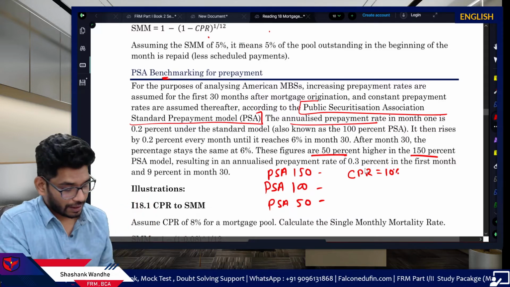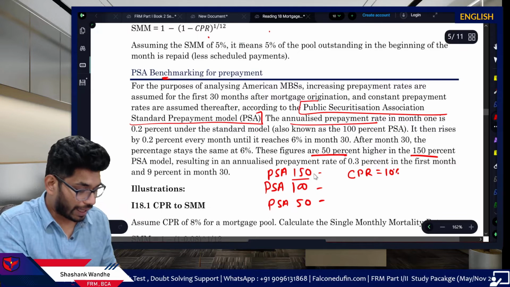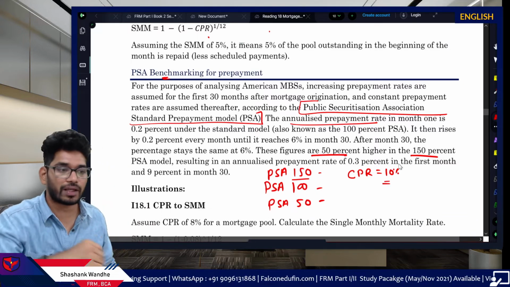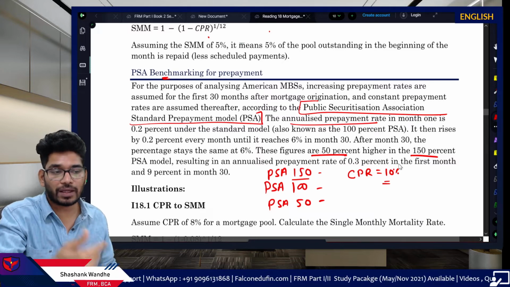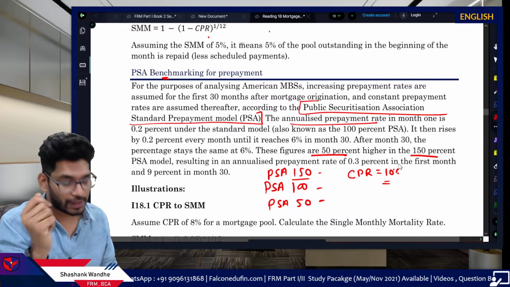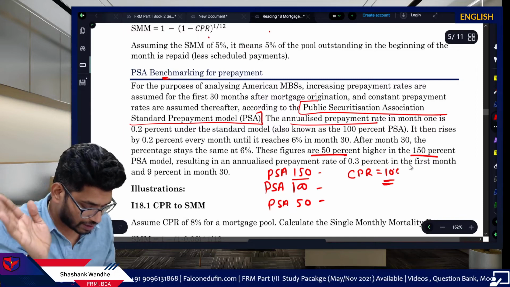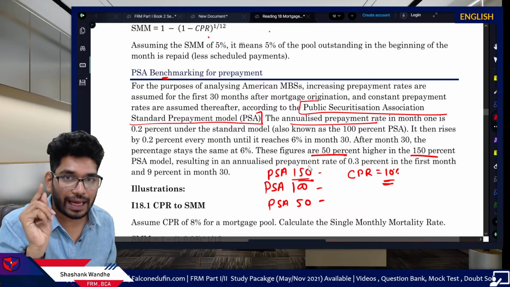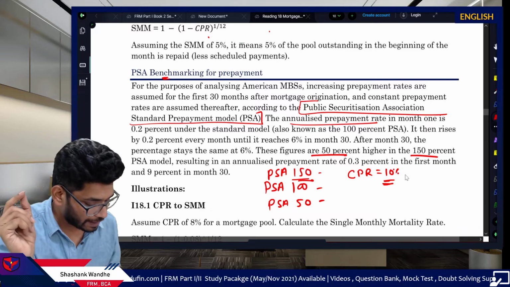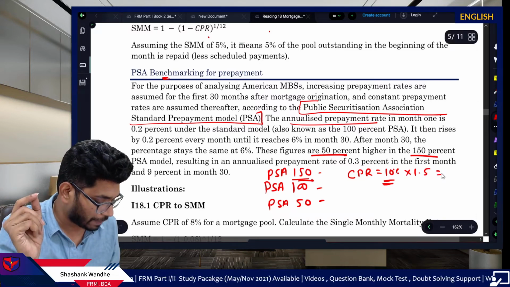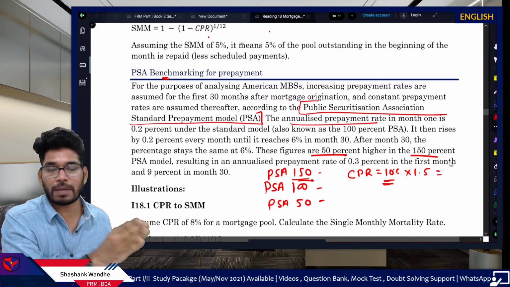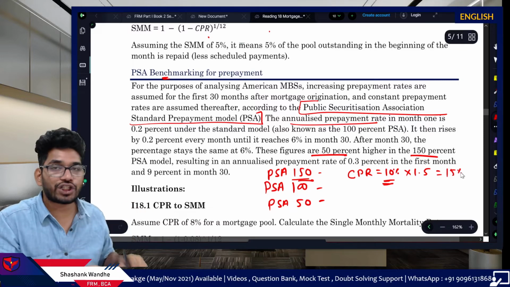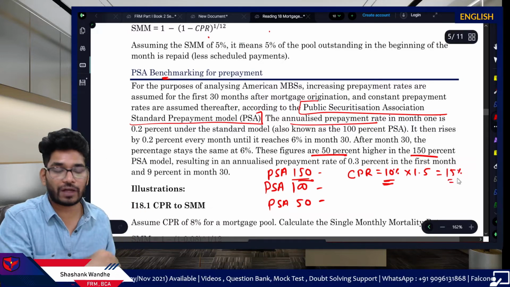or 50. If the PSA is 150 and your CPR for this particular current period, say for the next month, remember, even if it is for the next month, you are saying CPR, which means this is annual. So if for the next month it is 10%, and the current PSA, that is the benchmark, is at 150, this means your actual CPR is 10% multiplied by 1.5, which is 15%. And your complete calculation will go at this rate, 15%.